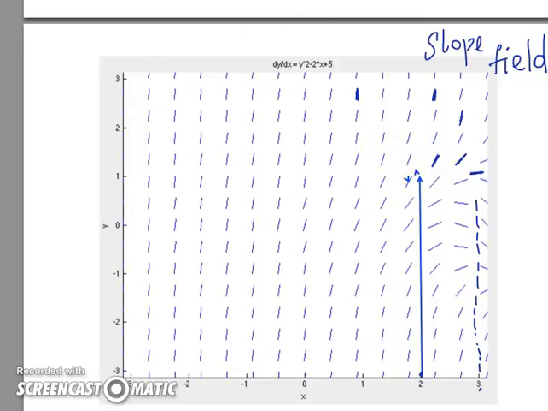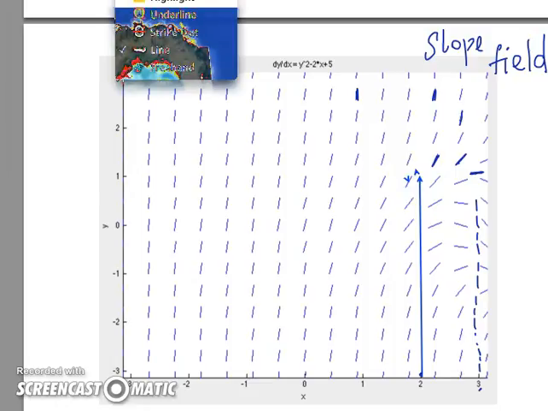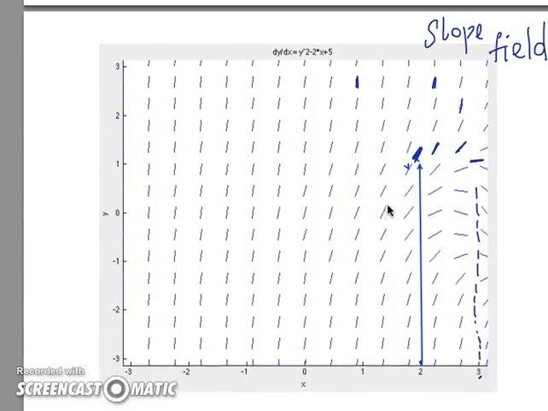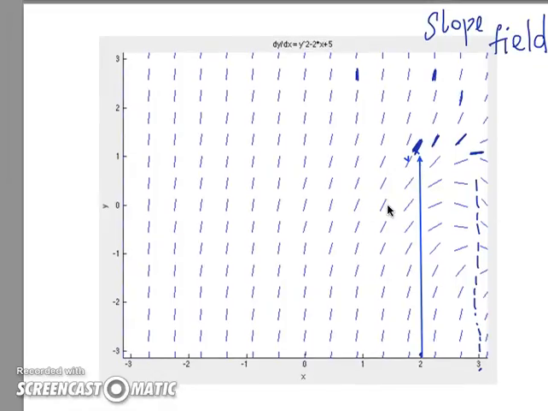So if we were going to draw the slope exactly at that point, then we would sketch something with that type of inclination, with that type of angle or slope, right? And so that's the idea with these types of plots.